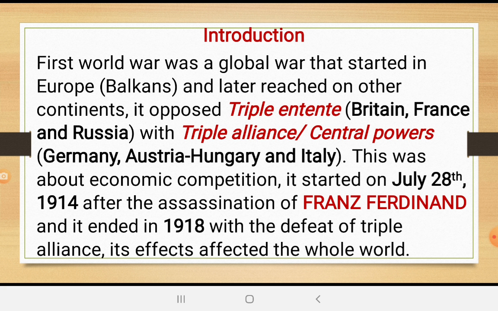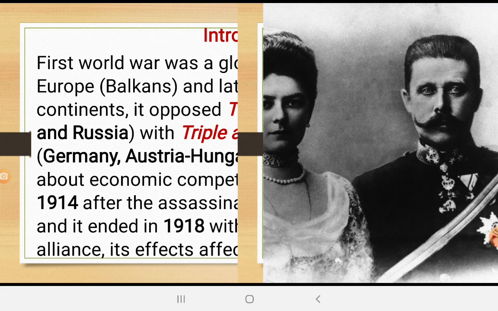Its effect affected the whole world, and this is why it is called World War or First World War, because its effect affected the whole world, whether those countries that participated actively or directly, and other countries that participated indirectly. So let's go to the cause.